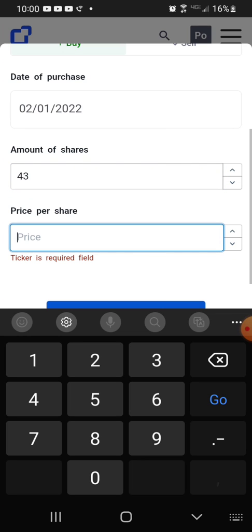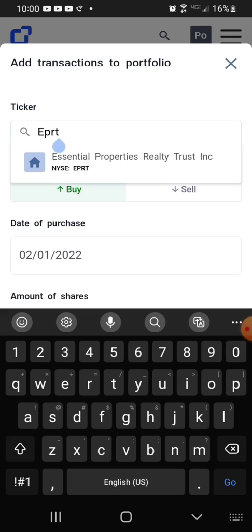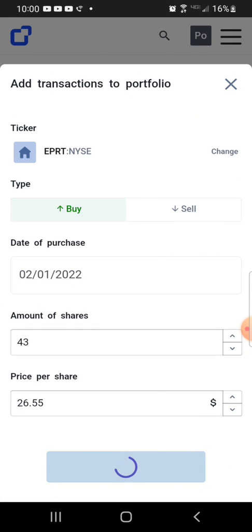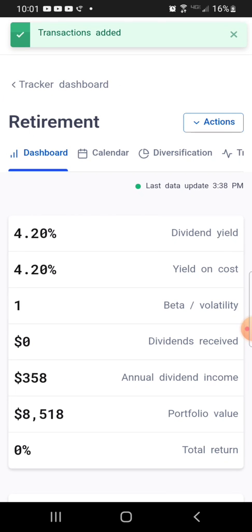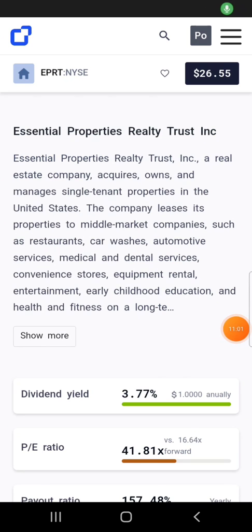All right, we're gonna put 43, and we're gonna hit EPRT, add transaction, and see that dividend yield is just getting higher and higher, right? Let's check it out. So Essential Properties Realty Trust, a real estate company, acquires, owns, and manages single-tenant properties in the United States.